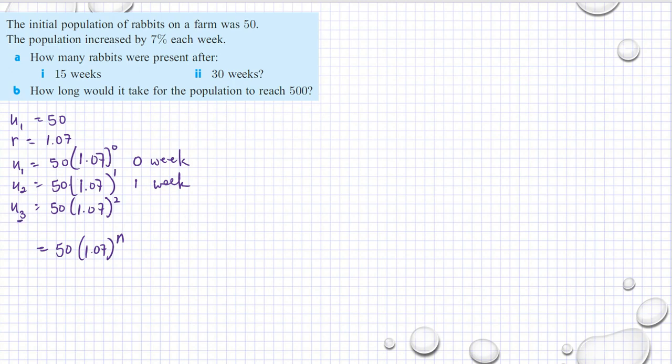But here we have u sub n plus 1. It's strange to think that way because we used to have u sub n is equal to u sub 1 multiplied by r raised to n minus 1 instead.